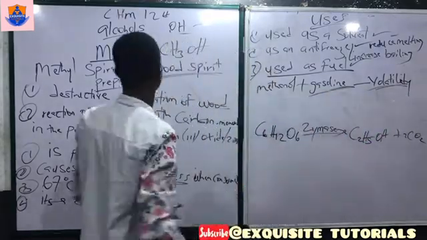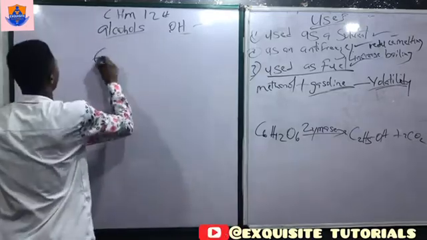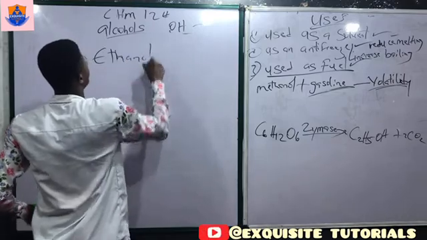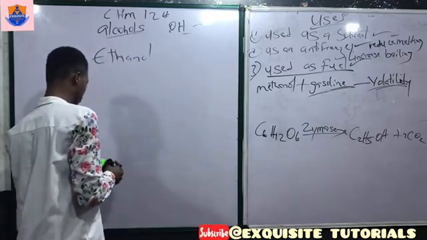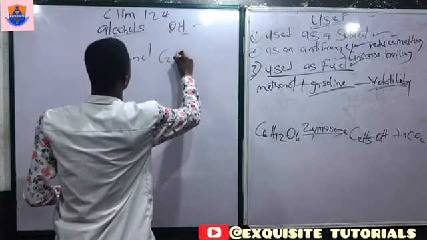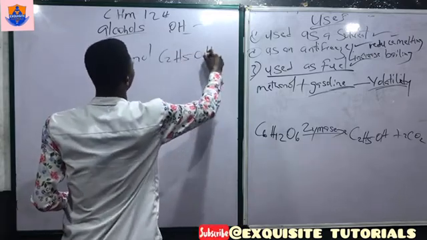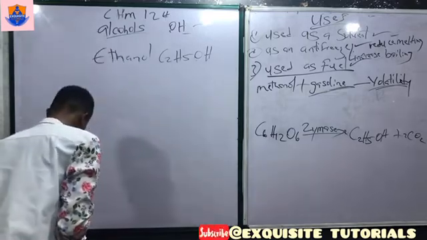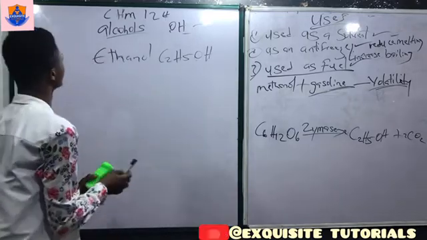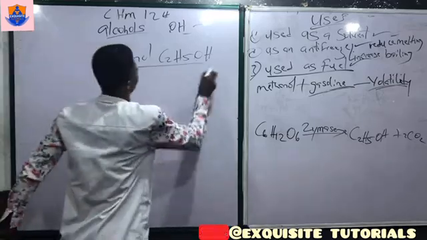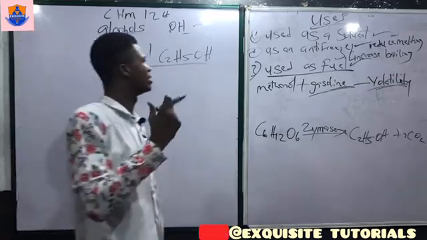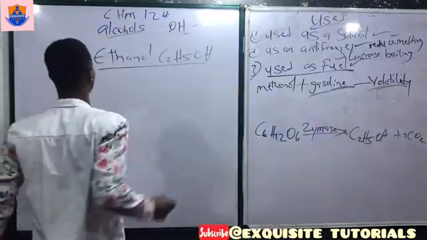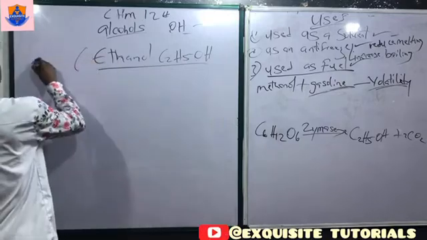Now from this, let's talk about ethanol. Your ethanol is C2H5OH. Now, your ethanol is the most useful alcohol. That is why most times your ethanol is regarded as alcohol.